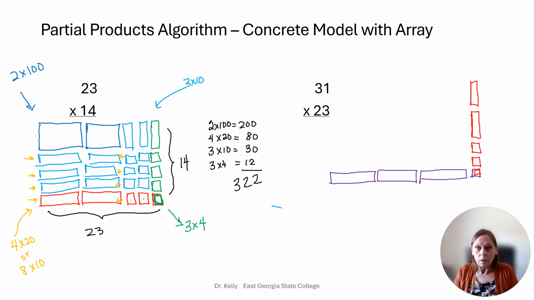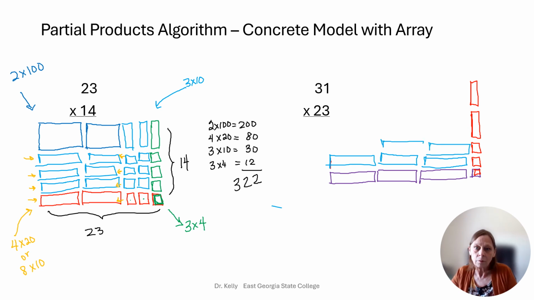So notice across here we don't have to use any little units. We can just fill these in with longs. And then above here, it looks like it's just all going to be flats because we have a long and a long.